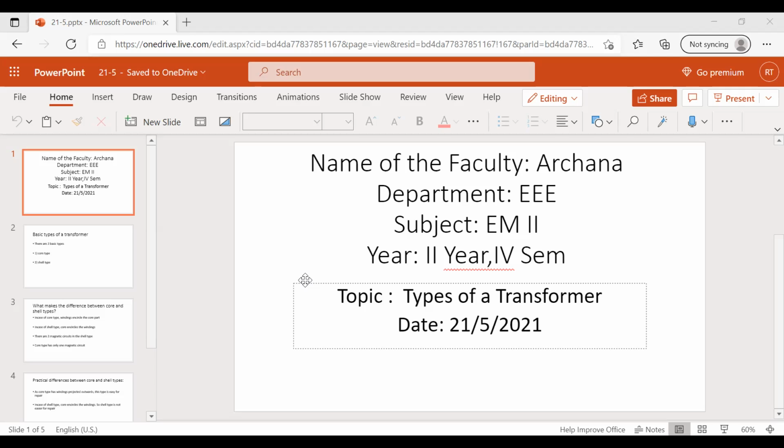The EMF that is induced in the primary is the self-induced EMF, whereas the EMF that is induced in the secondary is the mutually induced EMF. So now, if you have the knowledge of the working principle and constructional details, we can go ahead with the types of transformers.